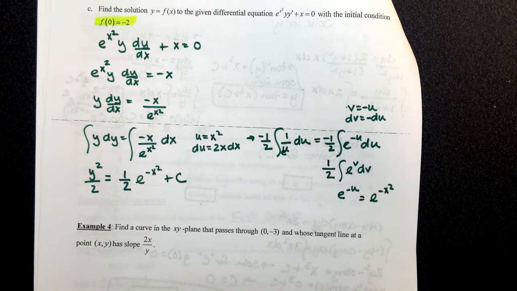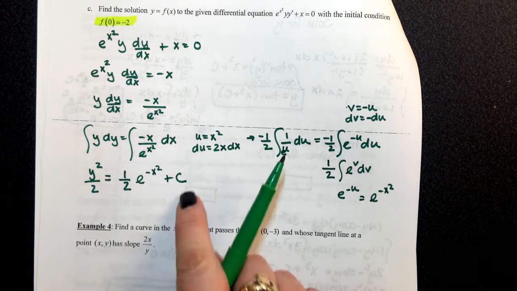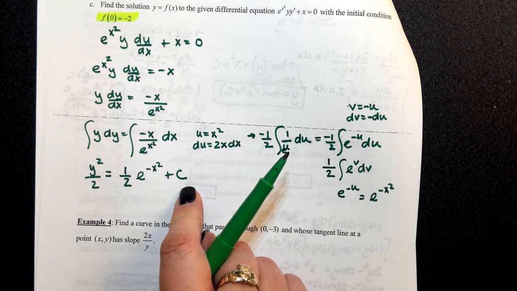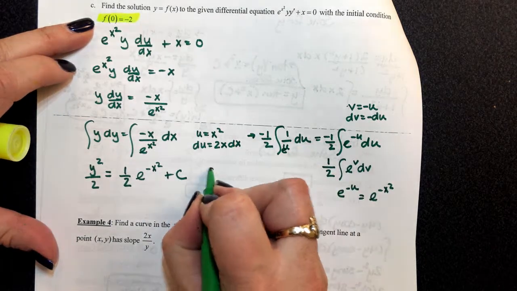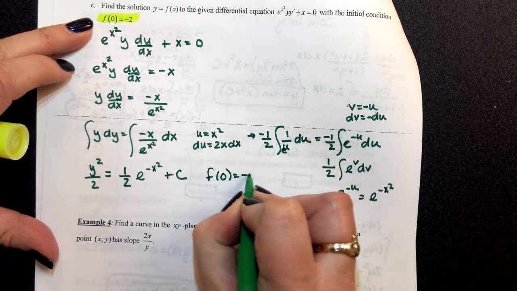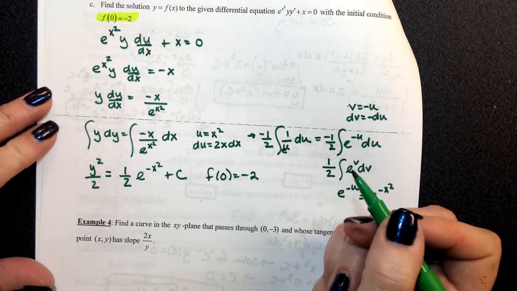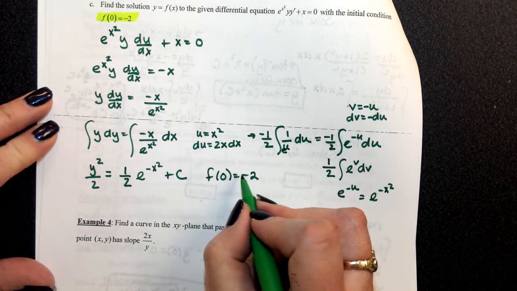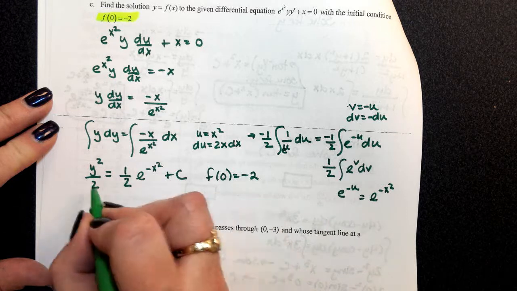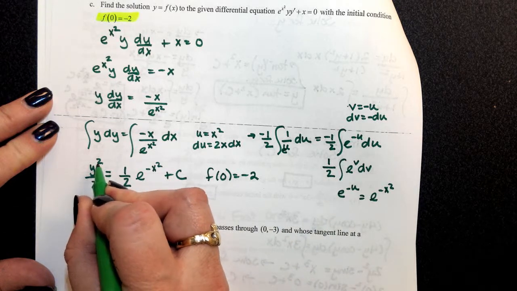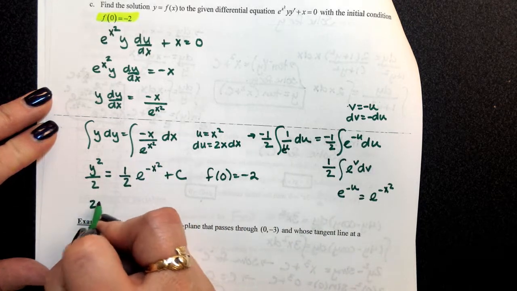All right, so any questions, guys, on how I did that particular integration? So now what do you have to do? You have to solve for what? We're going to solve for c. So again, my initial condition is my f of 0 is equal to negative 2. So plug negative 2 in for y and plug in 0 for x. So negative 2 squared is 4. 4 divided by 2 is 2.